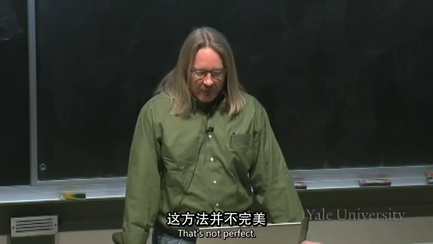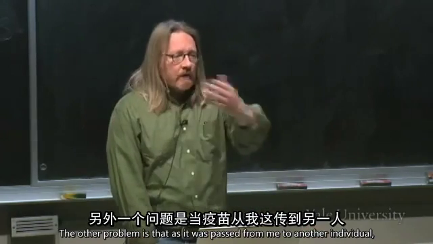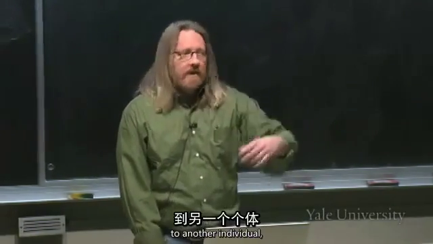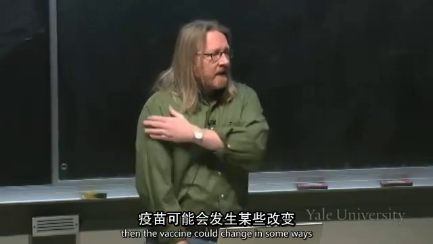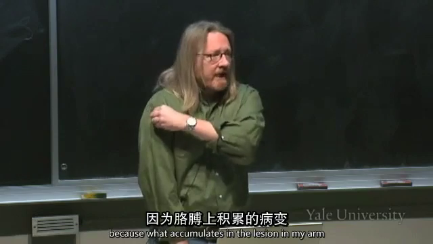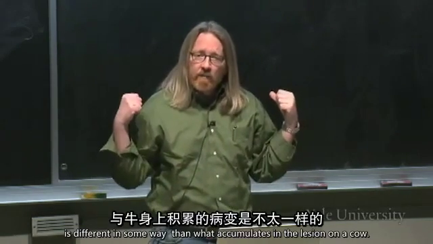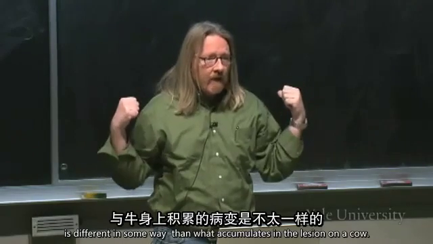That's not perfect. The other problem is that as it was passed from me to another individual, the vaccine could change in some ways that were hard to predict, because what accumulates in the lesion on my arm is different in some way than what accumulates in the lesion on a cow.